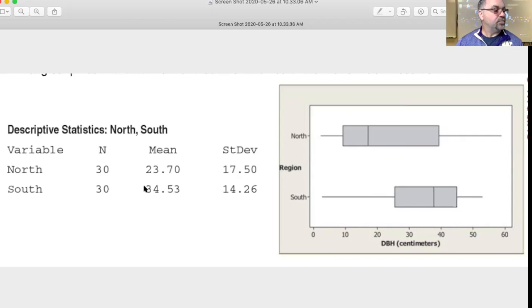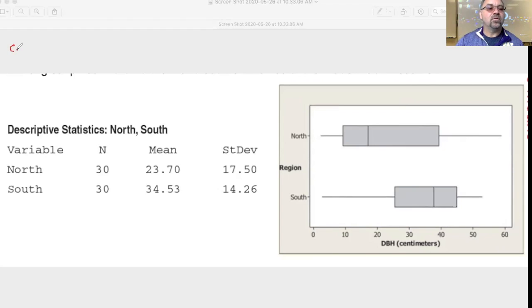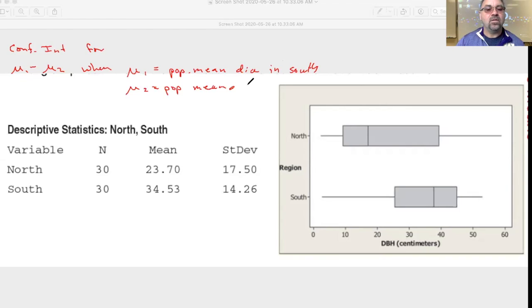And so I'm going to get my pen out here, and I'm going to be making a confidence interval for mu1 minus mu2, where mu1 is the population mean diameter in the south, and mu2 is the population mean diameter in the north.